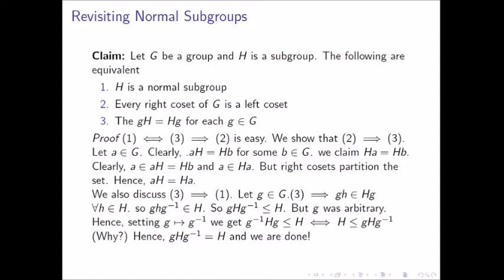Let G be an element of capital G, then 3 implies GH, the element G small h, is an element of capital HG, because G capital H is equal to capital HG, so G small h, which is an element of G capital H, is also an element of capital HG for all h. This is true. So GhG inverse belongs to H for all h.